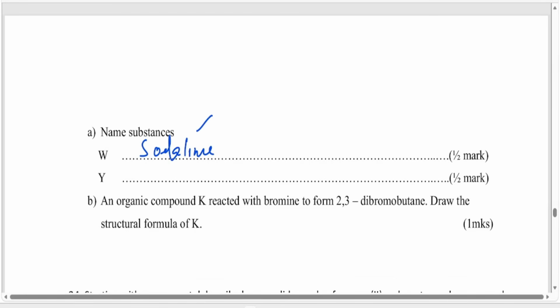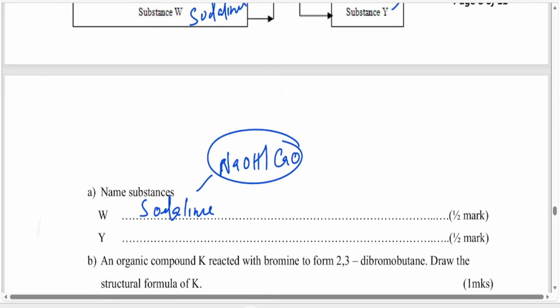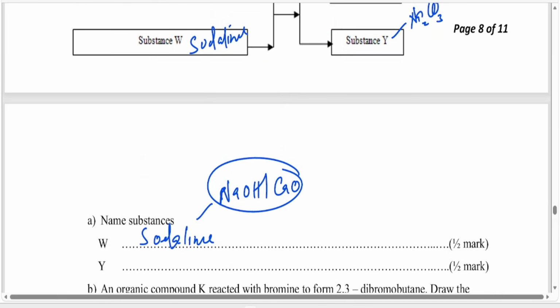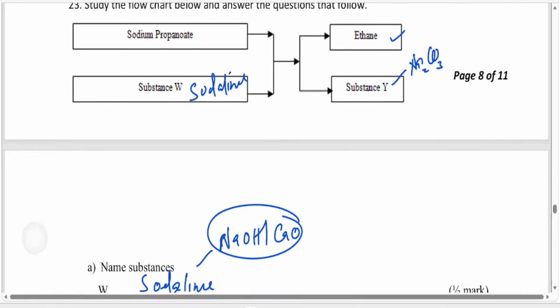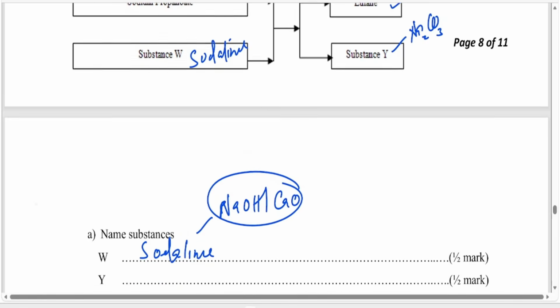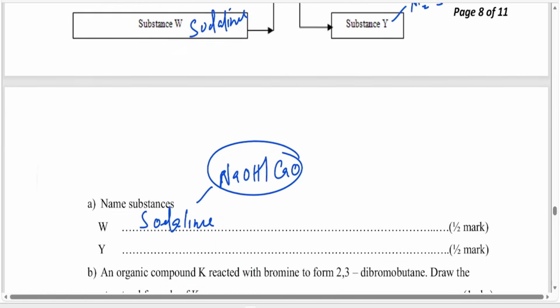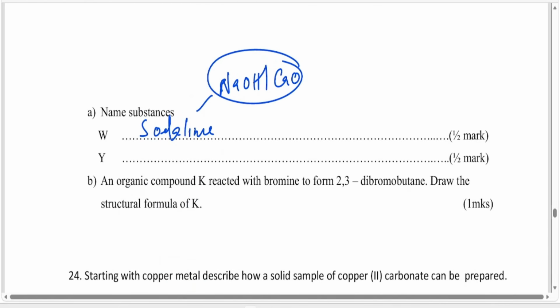I've said that this soda lime is a mixture of sodium hydroxide and calcium oxide. Y, we have said that Y is the second product after the two react to give you the alkane, and the second product is always sodium carbonate. Remember, we have been taught to name, not give a formula. So it is sodium carbonate in words. And again, this is our mark and this is our mark.